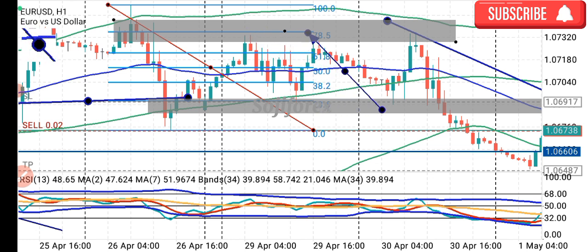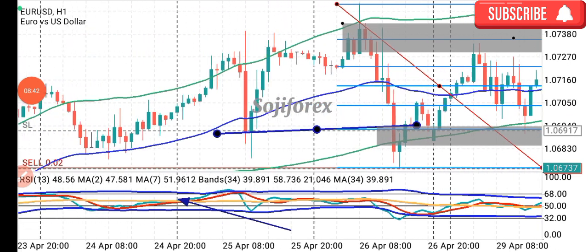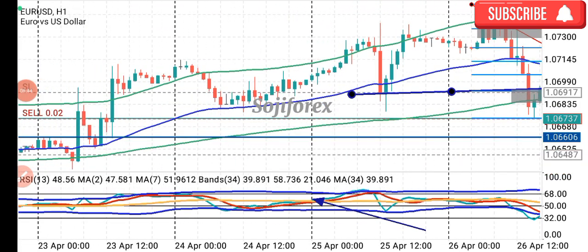You can see now the 78.5 zone of our Fibonacci. Price pulled back to that zone and then gave us a very beautiful rejection to the downside, and you see that this price has been going down beautifully. So this is how to identify an order block, and this is how to trade an order block.